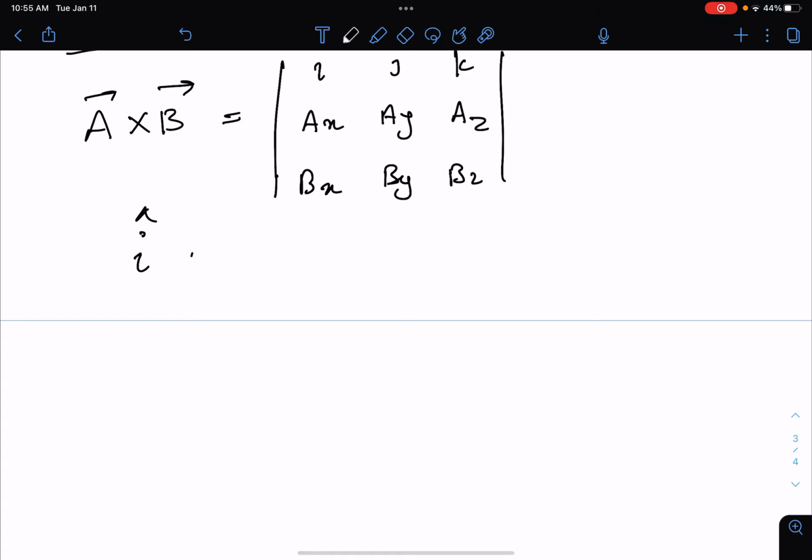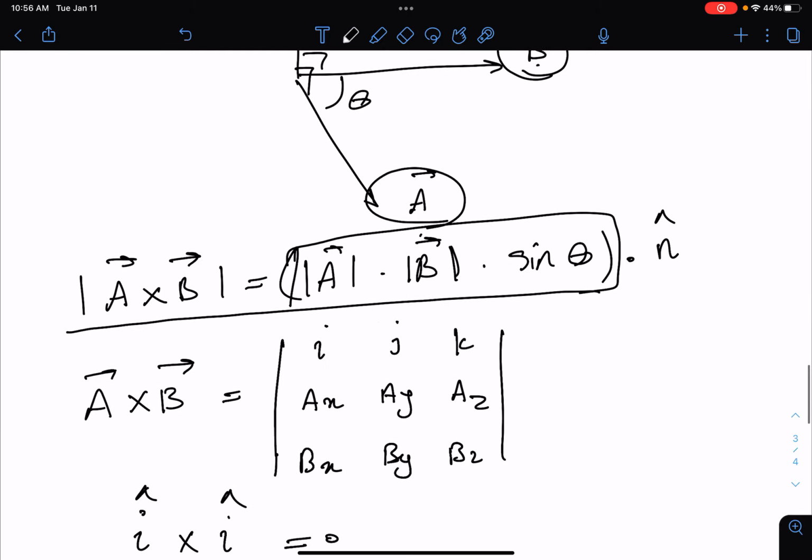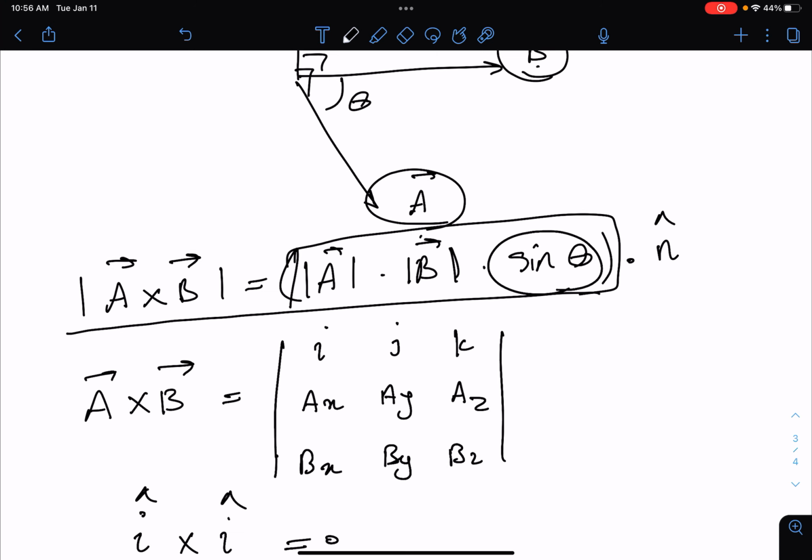What can you say about i cross i? It is going to be 0 because of this sine. So if the angle between the two vectors is 0, then the cross product of those two vectors is going to be 0, which essentially means that there is no single vector that is perpendicular to both of them.